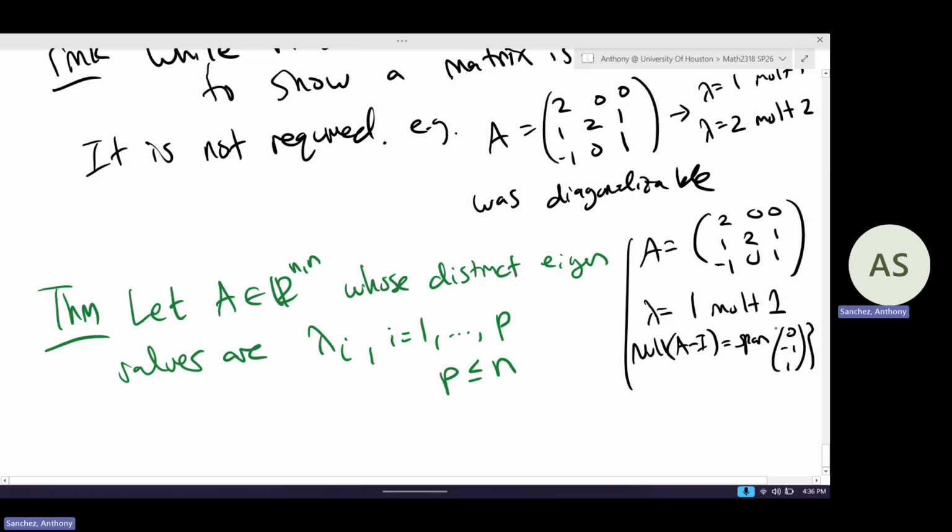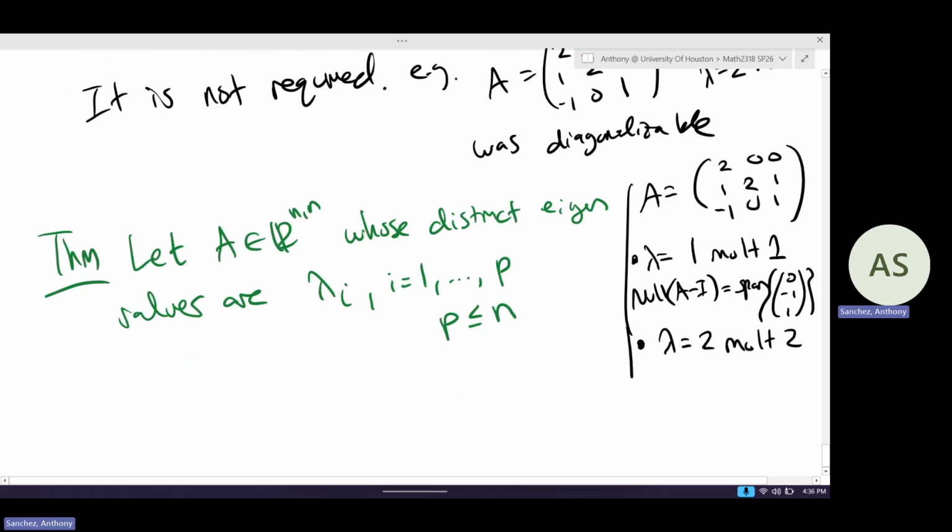This was our previous example, bullet point number 1. And bullet point number 2 is that lambda equal to 2 was the other eigenvalue, and it had multiplicity 2. And the eigenspace of this was the span of two vectors, (1, 0, 0) and (-1, 0, 1).